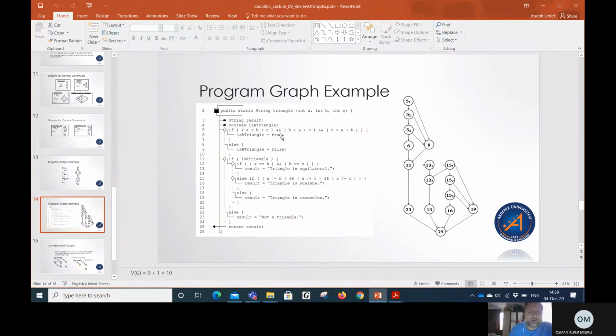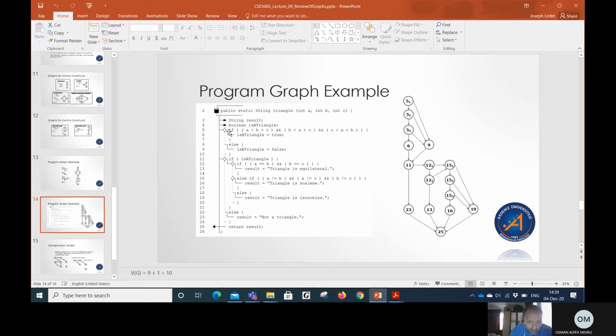Same thing with the or: don't check the other conditions if the first one is true. But if you had just a single ampersand, it would check all the conditions anyway. The reason this is important is that if this first condition is false, we don't check the others. We just go straight to 9 over here.